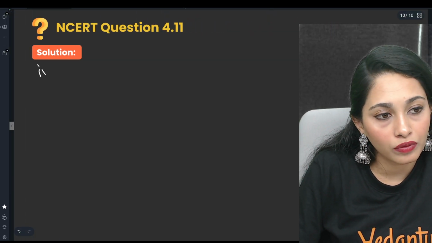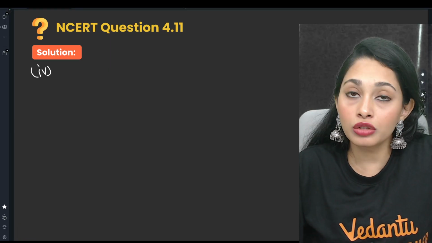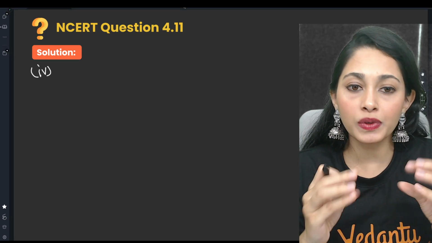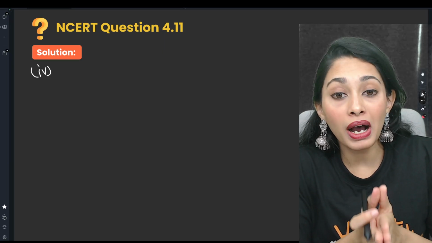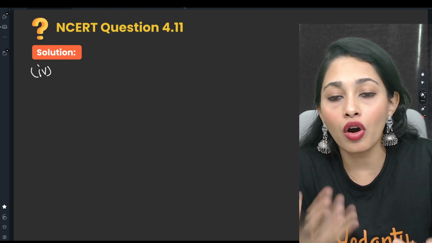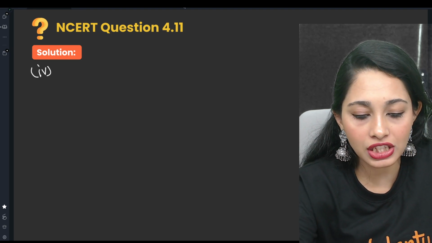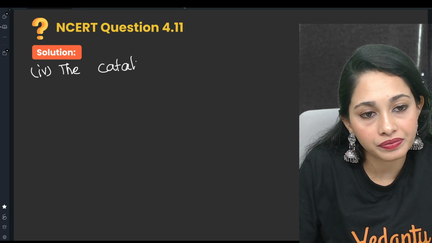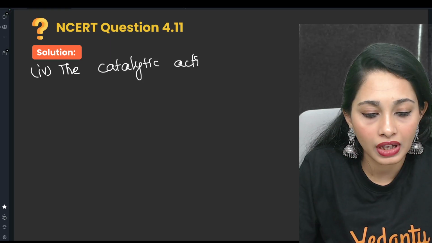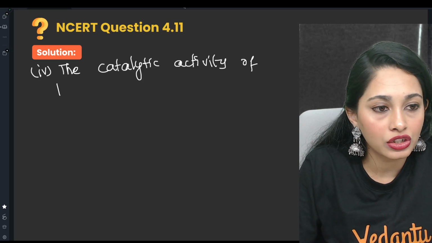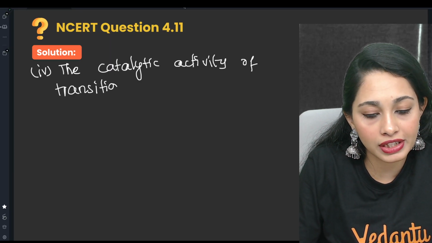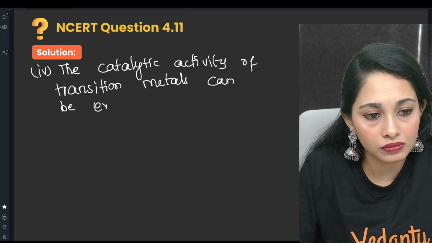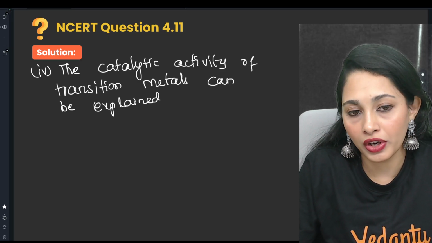Next, the fourth statement was that transition metals and their many compounds act as good catalysts. Catalysts are those substances which do not participate in the reaction but they increase or decrease the rate of the reaction. The catalytic activity of transition metals can be explained by 2 points.